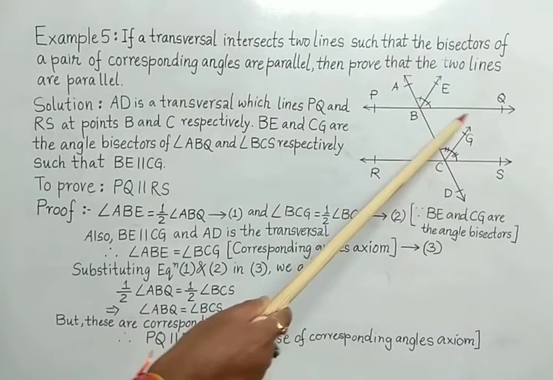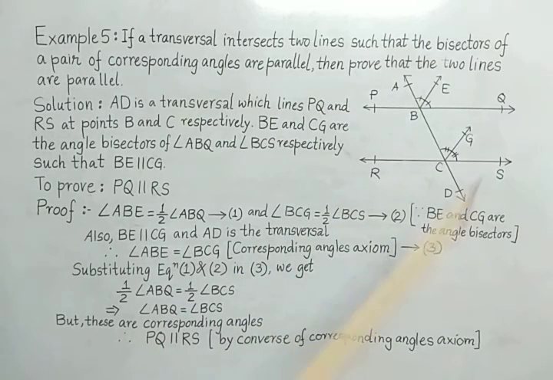But these are corresponding angles. Clear? So since they are corresponding angles, by the converse of the corresponding angles axiom, we can say that PQ is parallel to RS. So that is what we need to prove in this example. I hope this is clear to you.